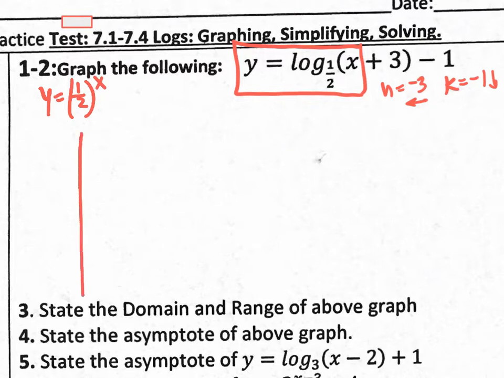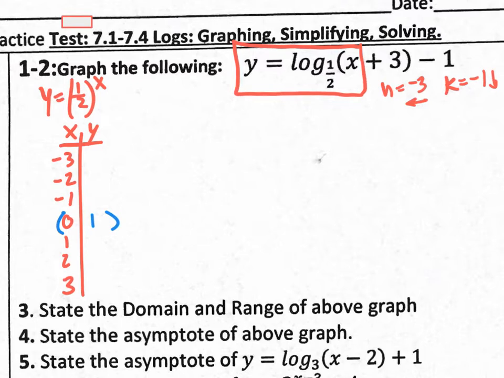Let's come up with some coordinates for this inverse of that boxed-in function. Let's use consecutive integer inputs like -3, -2, -1, 0, 1, 2, and 3. Let's plug in the easiest one, which would be 0. When we plug in 0, 1/2 to the 0, anything to the 0 is 1.